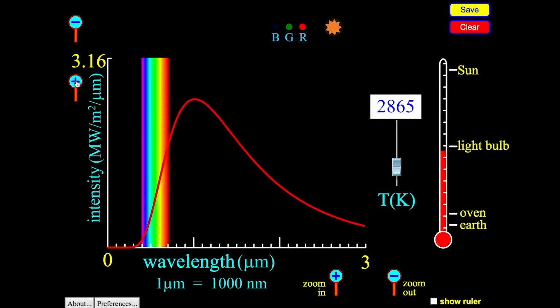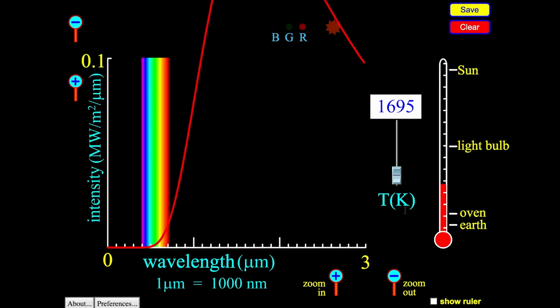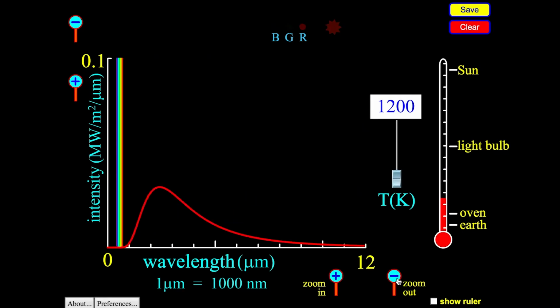And if we go down to as low as the normal human temperature, which is 300 Kelvin, I have to go even lower.